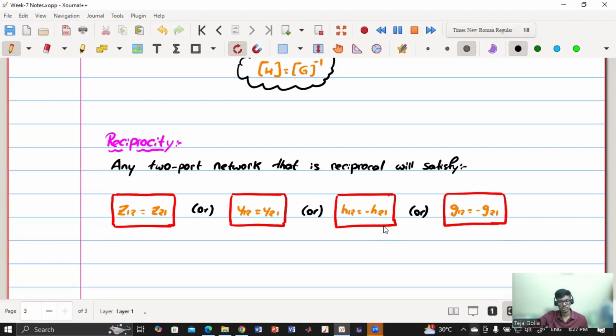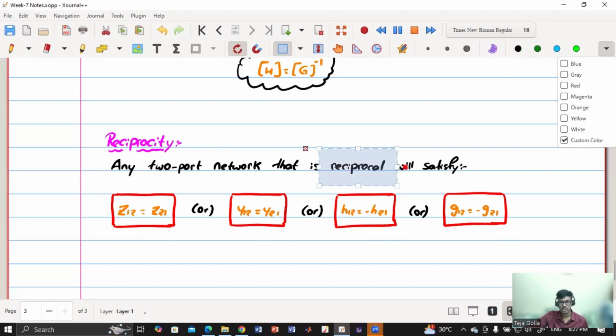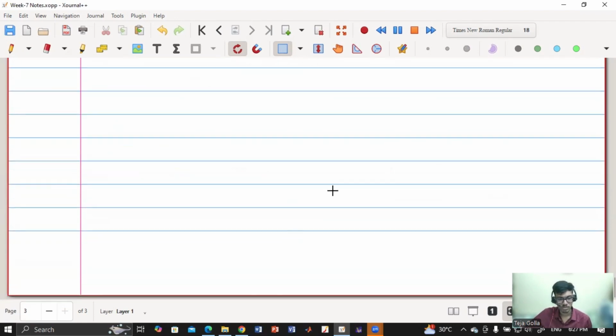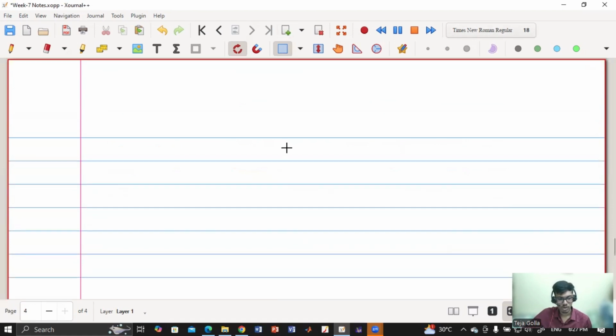If you check any one of these and they happen to be equal in this sense, then the circuit is reciprocal. I'm not going into much detail because we'll see in the problems how they are checked. Sir has thoroughly covered the proof, and in the assignment, not many proof-related questions will be asked, but you have to know how to apply this concept in problems, which is the main and key aspect. We'll be going into that soon.